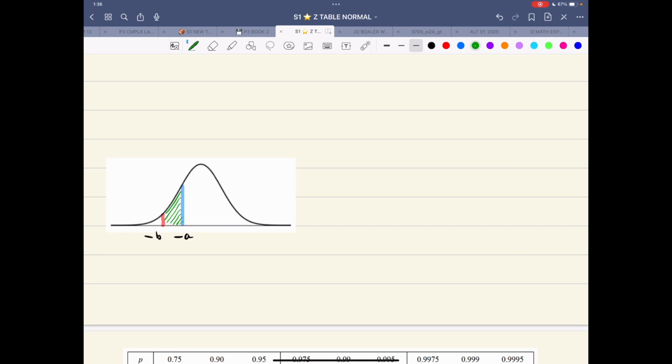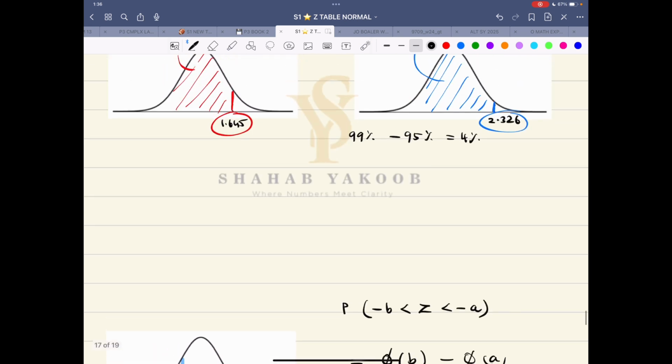So therefore, probability Z lies between 2 values. The smaller one is negative B. The greater one from the diagram is negative A. When you remove negative sign and all the flipping and symmetry is done, it's phi of B minus phi of A. Let me do the same thing over here.